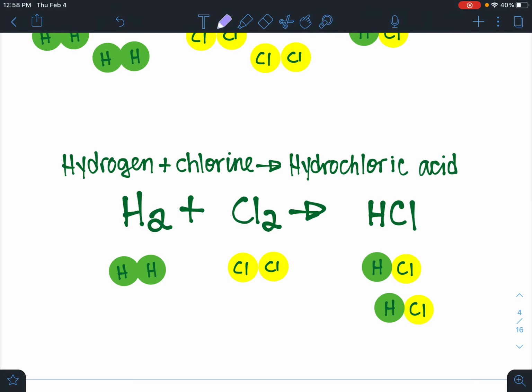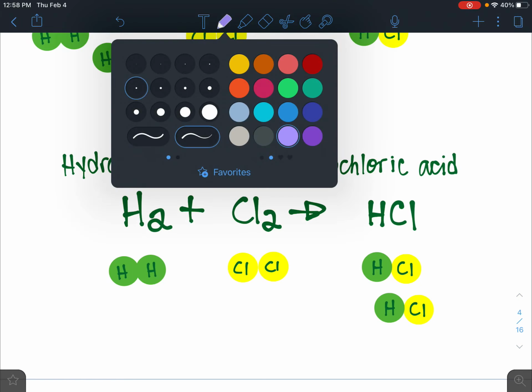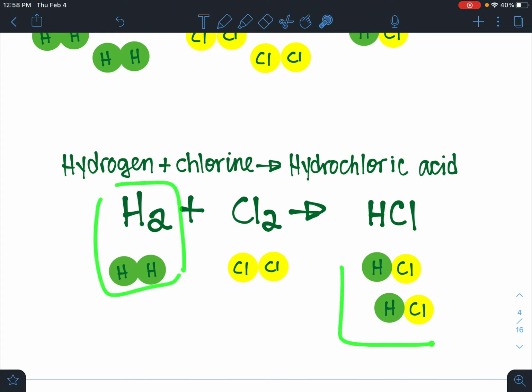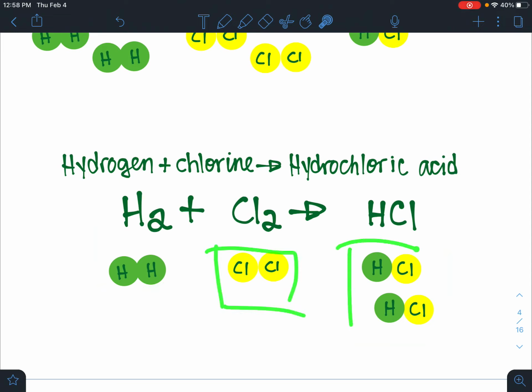Now, how we demonstrate that in our chemical reaction is we put coefficients in. From one H2 molecule, we were able to get two HCl's. And from one Cl2 molecule, we got two HCl's. So the coefficient is demonstrating that we get two HCl molecules. And we write coefficients in front of the compound that we're talking about.